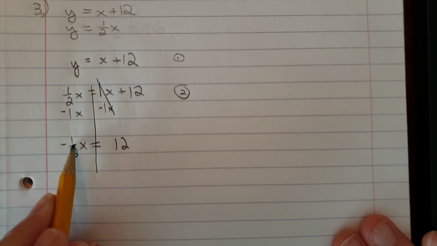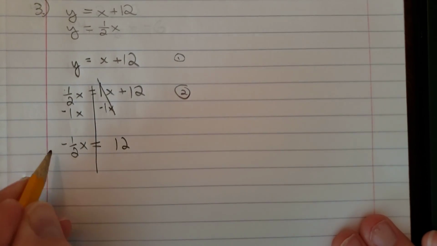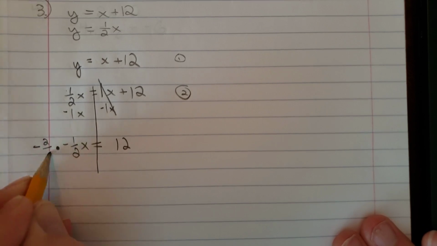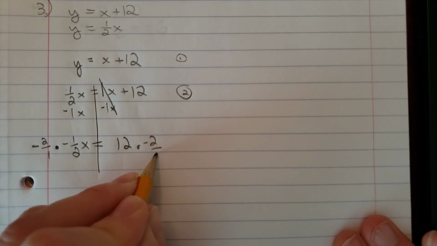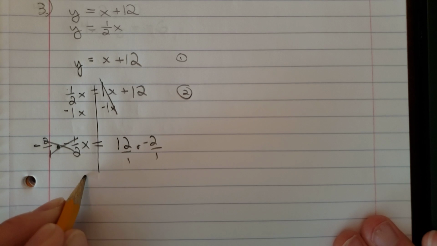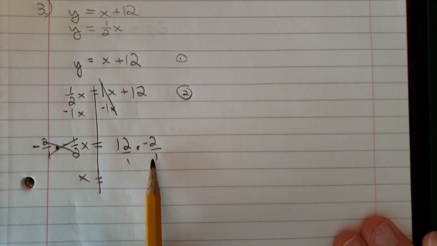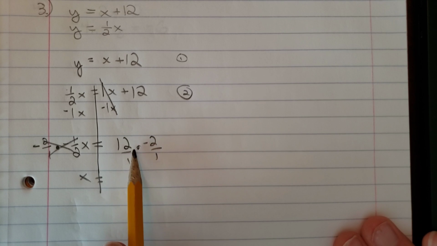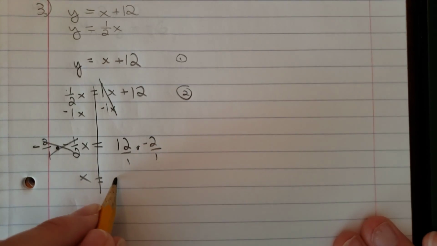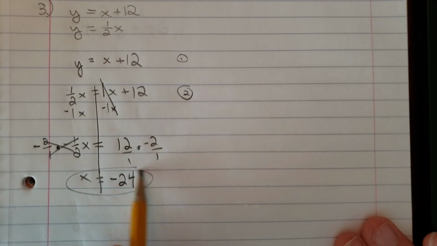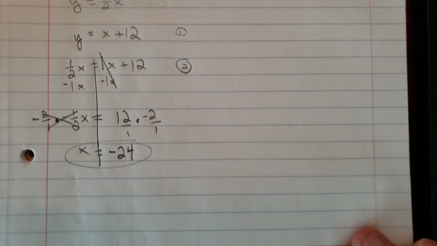To get rid of a coefficient that is a fraction, we multiply by the reciprocal. Okay, and it looks like we have x equals, when I simplify that, negative 24. All right, we know half of our answer, x equals negative 24.